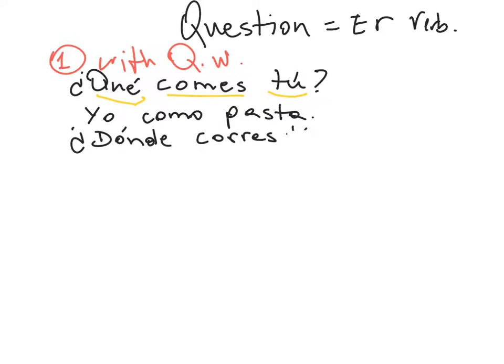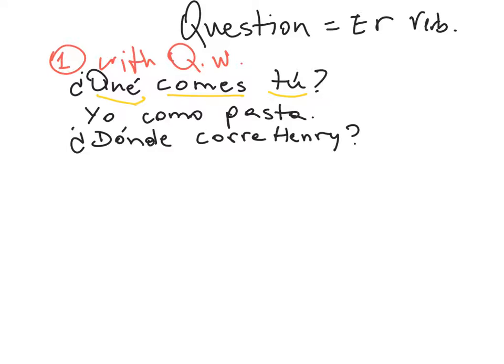For example, I can say, dónde. In this case, I have to change also the ending because definitely my ending is different. So I can go and say here, ¿dónde corre Henry?, for example. What does that mean? It is, where does Henry run?